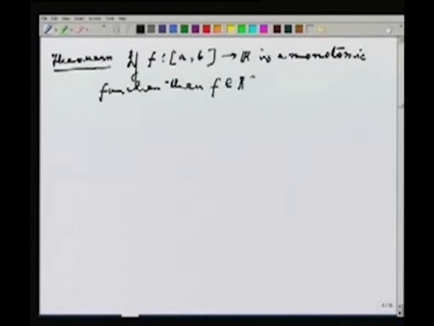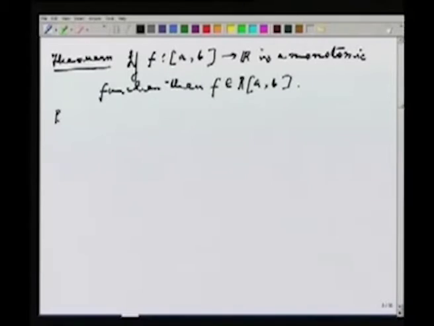See, there is no question of continuity here. I can just choose any monotonic function. It might be monotonically increasing, it might be monotonically decreasing, but still it is Riemann integrable. So we will prove this assuming that f is monotonically increasing. The proof for a monotonically decreasing function is analogous. So let's go to the proof of this.